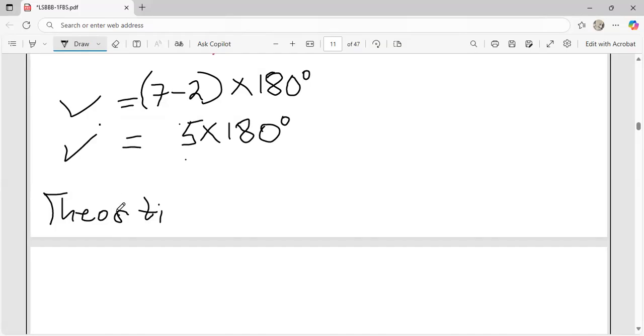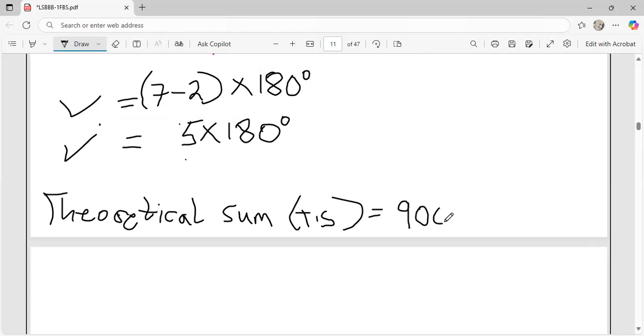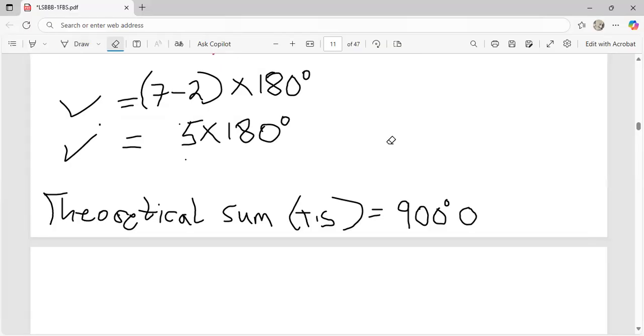Our theoretical sum is equal to 900 degrees. Take note that this 900 that you are seeing over here is not standing alone.